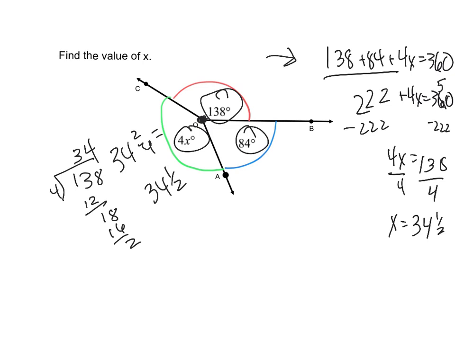That was my first step, writing my equation. And then I started simplifying. I can add these two together to get 222. Everything else brought straight down, plus 4x equals 360. Then I subtracted 222 from both sides. I'm left with 4x equals 138. I divided both sides by 4, and I ended up with 34.5.